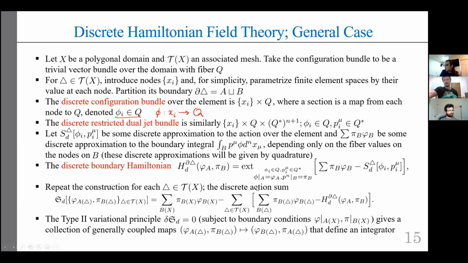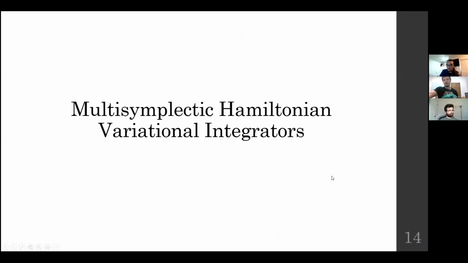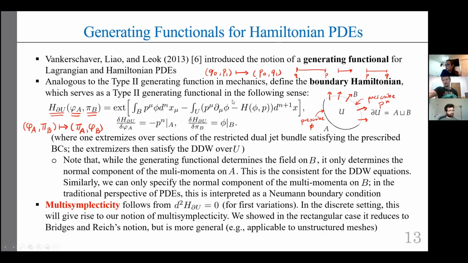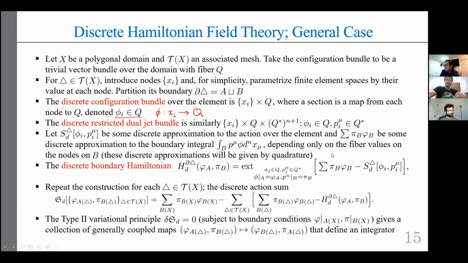So we take the boundary Hamiltonian, which was this expression right here, and we're going to approximate this boundary integral over B, which is where we prescribe the normal momenta values. And then here's the action, and we're also going to approximate that. So that gives this expression here, where this approximates this integral, and this approximates the action over your simplex.